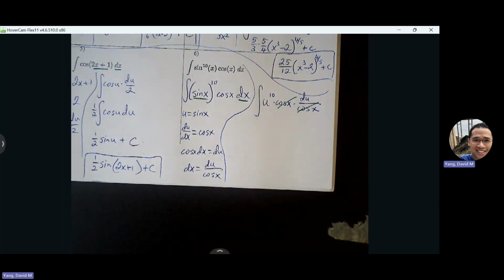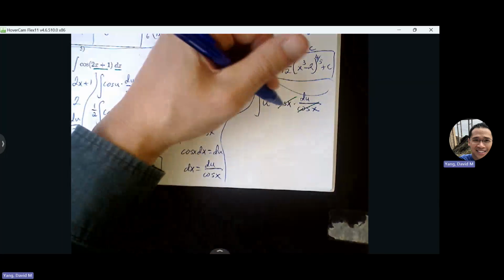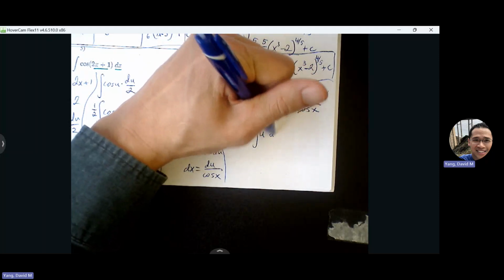Right? Cosine of x cancels out cleanly. No leftover coefficients. All we have to worry about is that u to the 10th du.